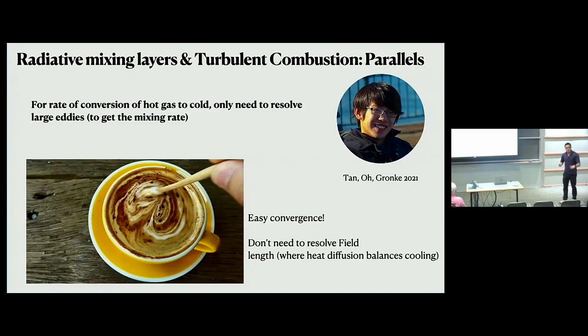That just tells you where the cascade terminates. So we ran a bunch of simulations, which I don't have time to go into, to verify this. And in particular, it was an article of faith in this community that you need to resolve something called the field length, where heat diffusion balances cooling, to have converged results. And that's true for morphology, but it's not true for mass growth rates or momentum transfer rates.